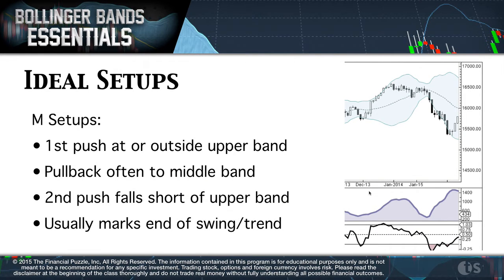So the first one I want you to see is the setup for the M pattern. The ideal setup is a first push that is at or outside the band, and then we get a pullback that is often to the middle band, and the second push falls short. This is very important right here.